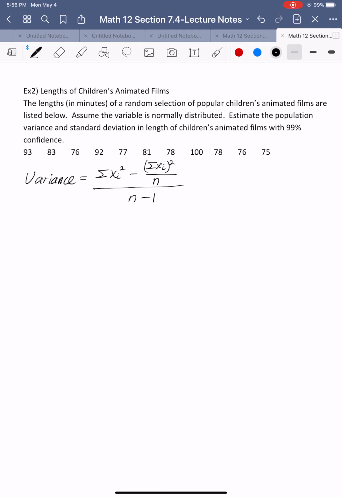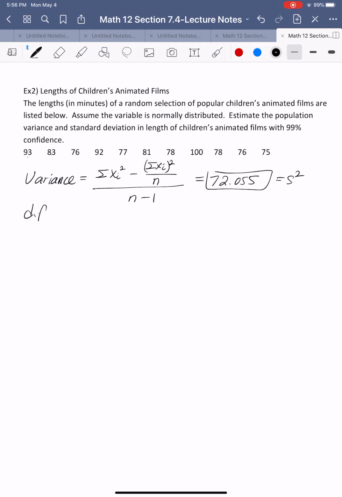For x sub i squared, you square each of the data values and then add them all together. For the other term, you add all the data values together and then square the result, then divide by n, which is 1, 2, 3, 4, 5, 6, 7, 8, 9, 10, 11. So n equals 11. The result is 72.055, which we call s squared.